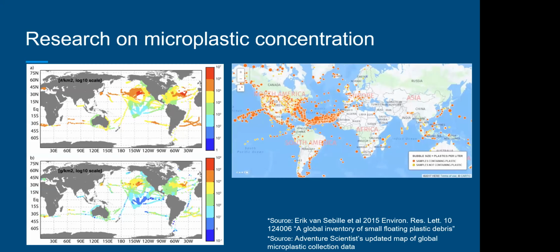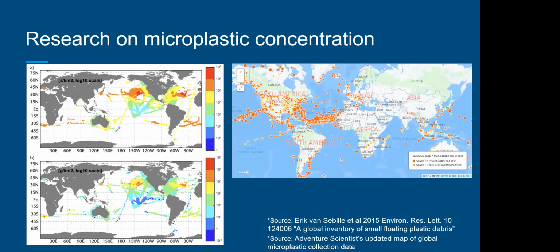So this is the research on microplastic concentration. In the left figure, the first figure is about the number of microplastics per square kilometer, and the second one is about the mass of the microplastics. The dimension is gram per square kilometer.